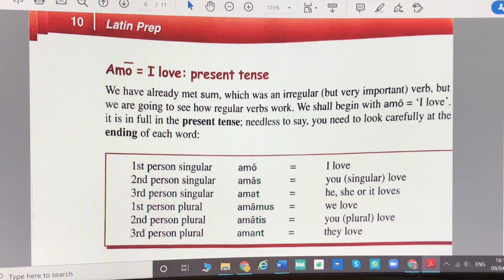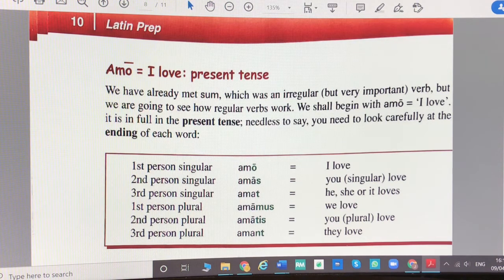Amat is he, she or it loves, while amamus is we love. Amatis is you, all of you, not just one person, but you plural love. And amant is they love. The persons are represented by the endings. The core meaning is represented by the stem.